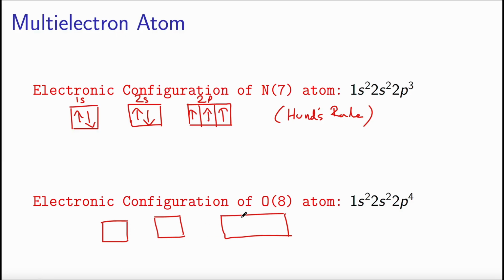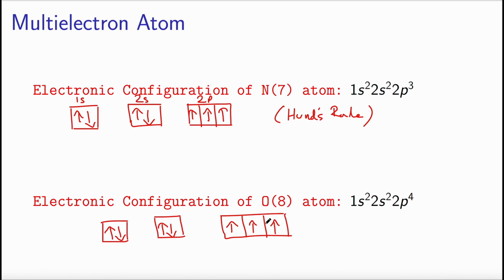So 2p means there will be 3 orbitals. So we put the electrons up, down, and then we have up, then we have up. So till this is nitrogen, and oxygen will have one more electron because it has 8 electrons.